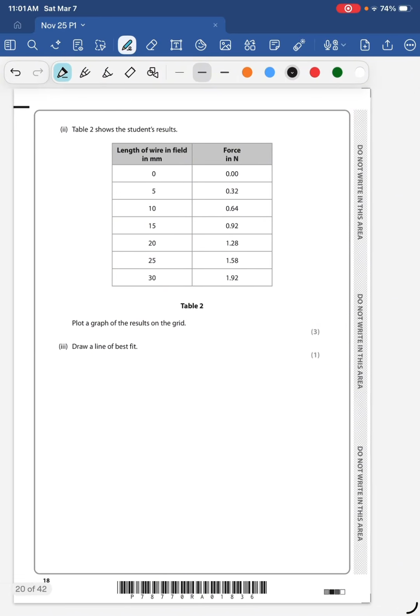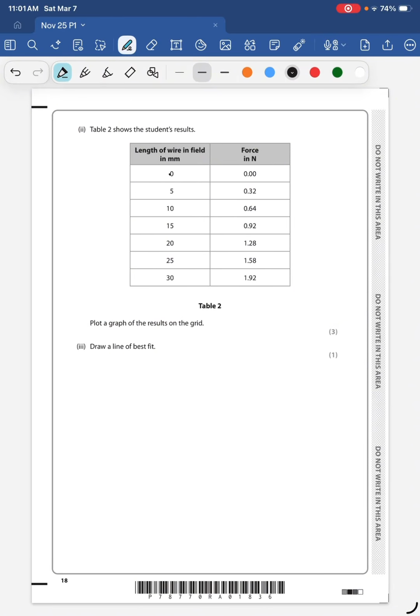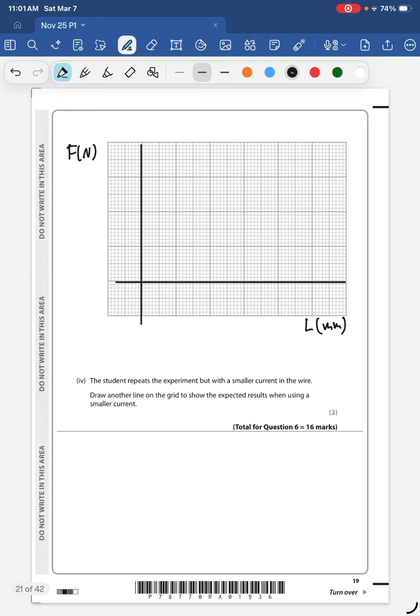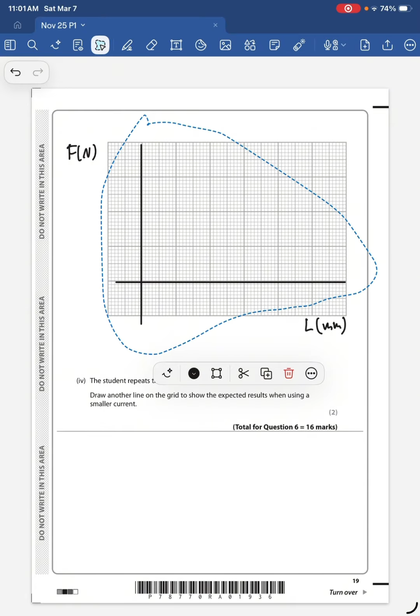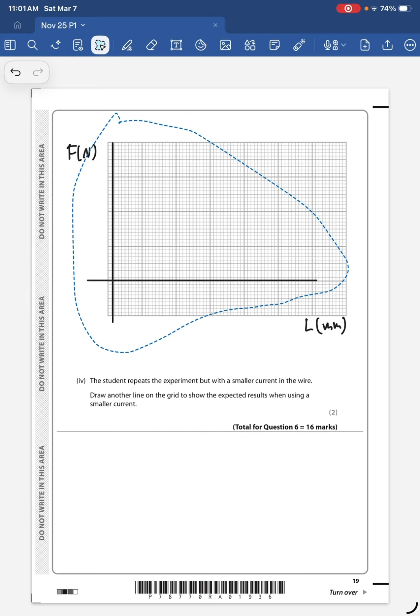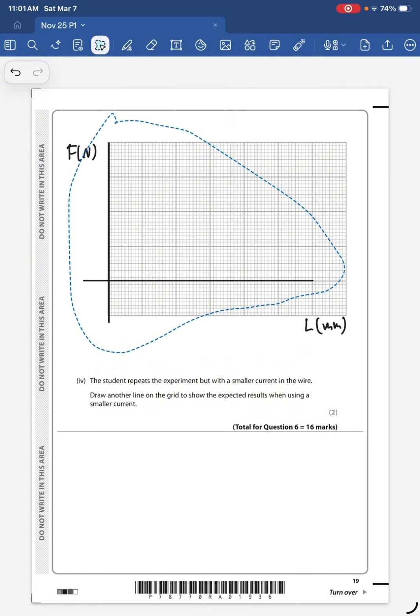Do we have enough squares? We have 1, 2, 3, 4, 5, 6, 7 measurements. So here we have 1, 2, 3, 4, 5, 6. Not enough, but maybe we can make it enough by pulling this. Let's pull this. Can we? Yes, we can. Let's pull it there. Now we have enough space.